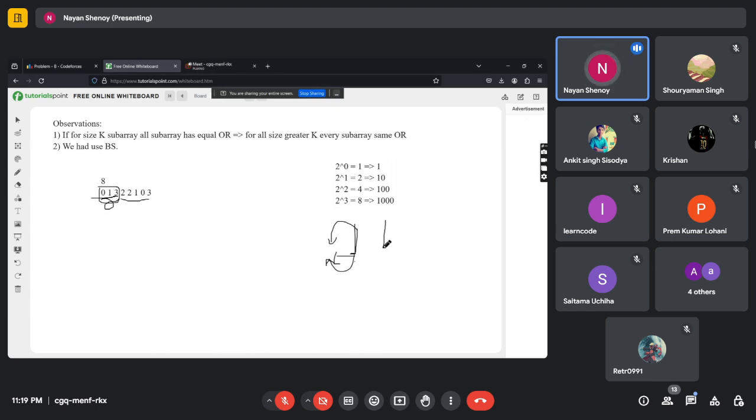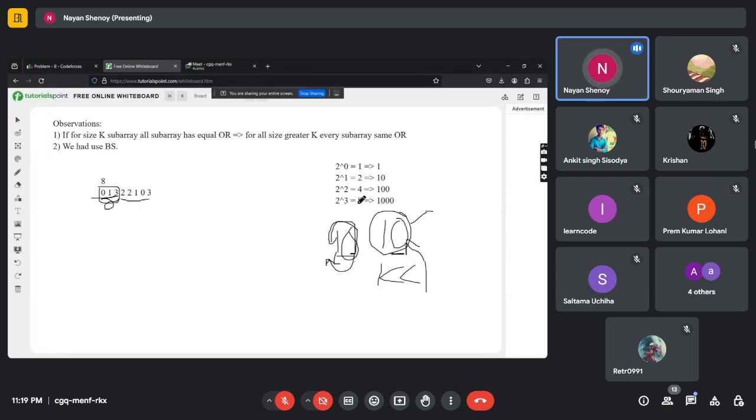So it will be 1 then 0. So we have shifted the place of 1 by 1, which is basically 1 left shift 1. That will give us 10, because 1 will come here and 0 will come.